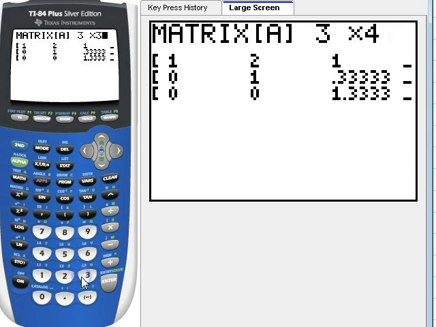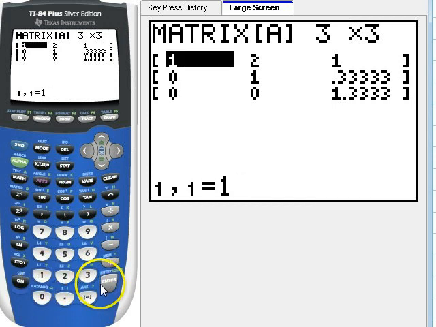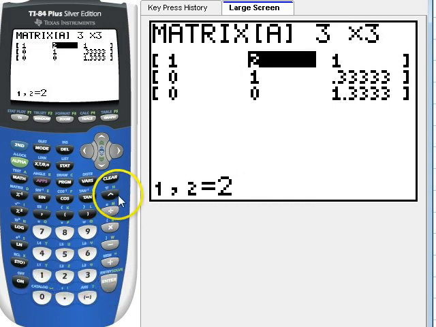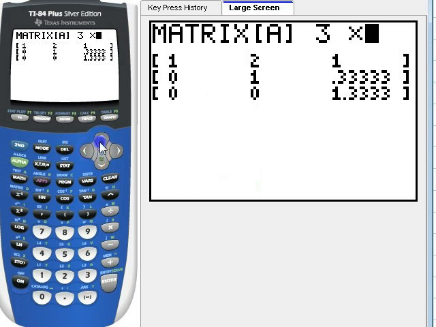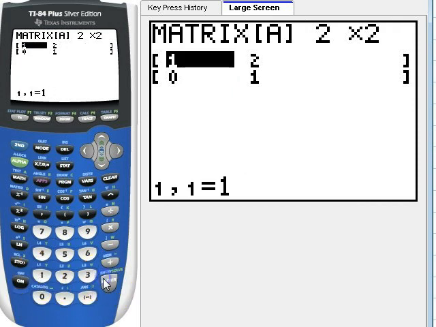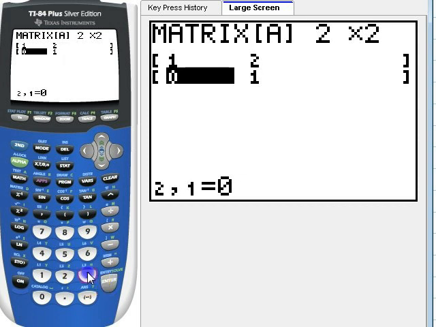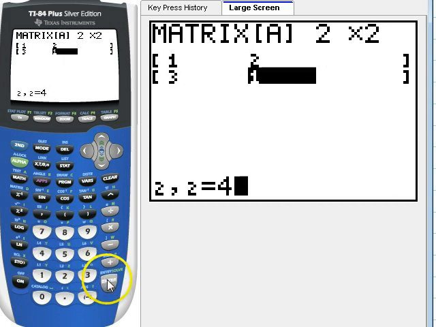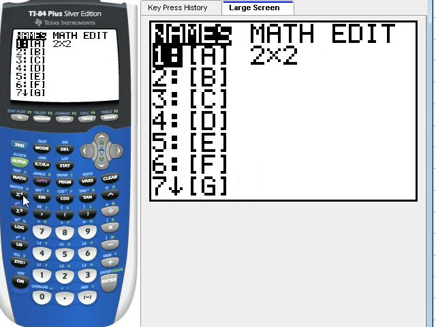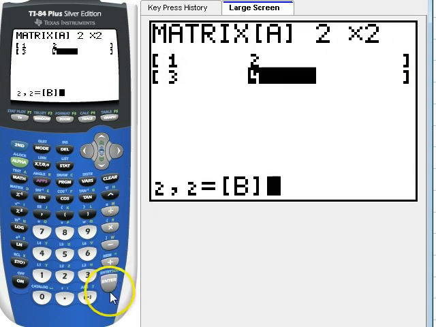If I make a 3 by 3 matrix, whoops. No, I don't want to make a 3 by 3 matrix. I want it to be a 2 by 2 matrix. I make my matrix A with numbers 1, 2, 3, and 4, and then I go to the matrix menu again and make matrix B. Oops.